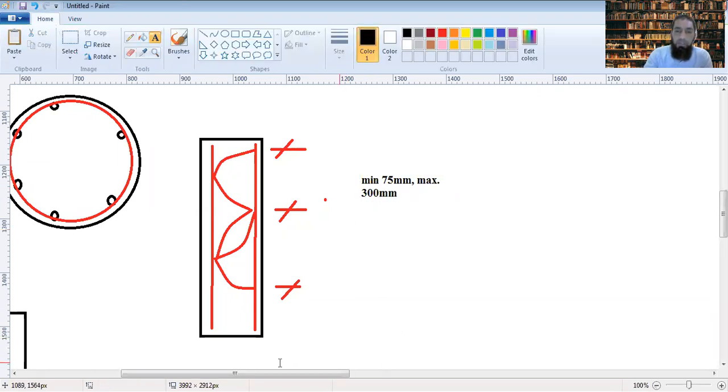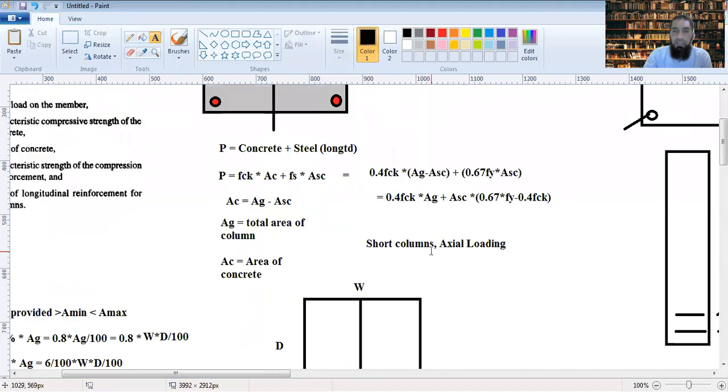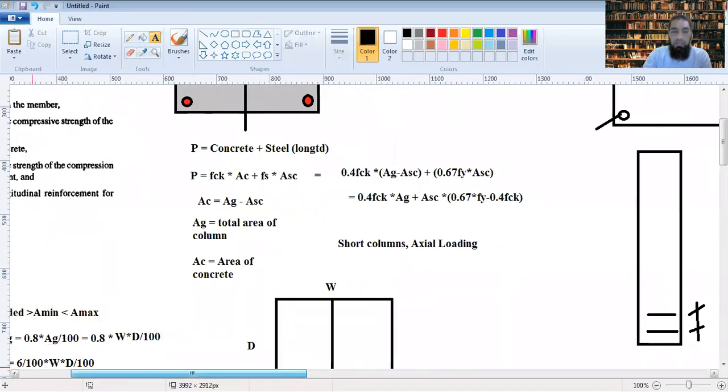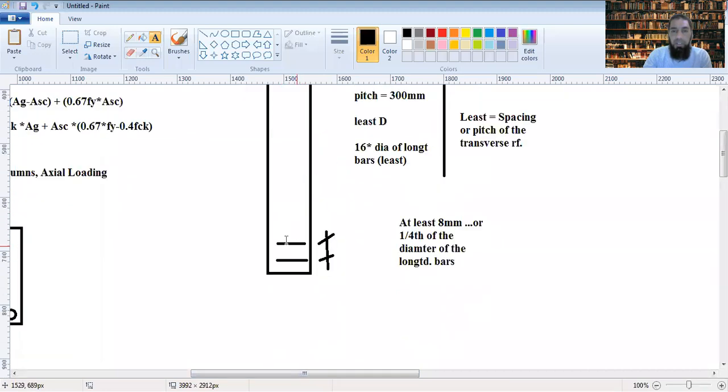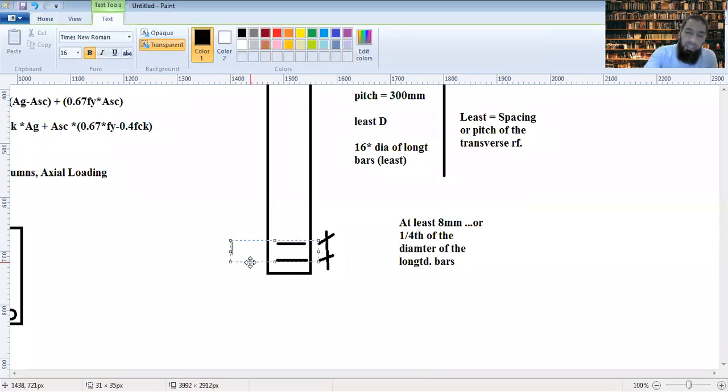Even in the case of lateral ties, when you are providing not helical reinforcement but lateral ties, you do not keep the spacing less than 75 mm. The spacing has to be around 75 mm. But as per IS 456, which we are using right now, you usually keep the minimum as 150 mm.